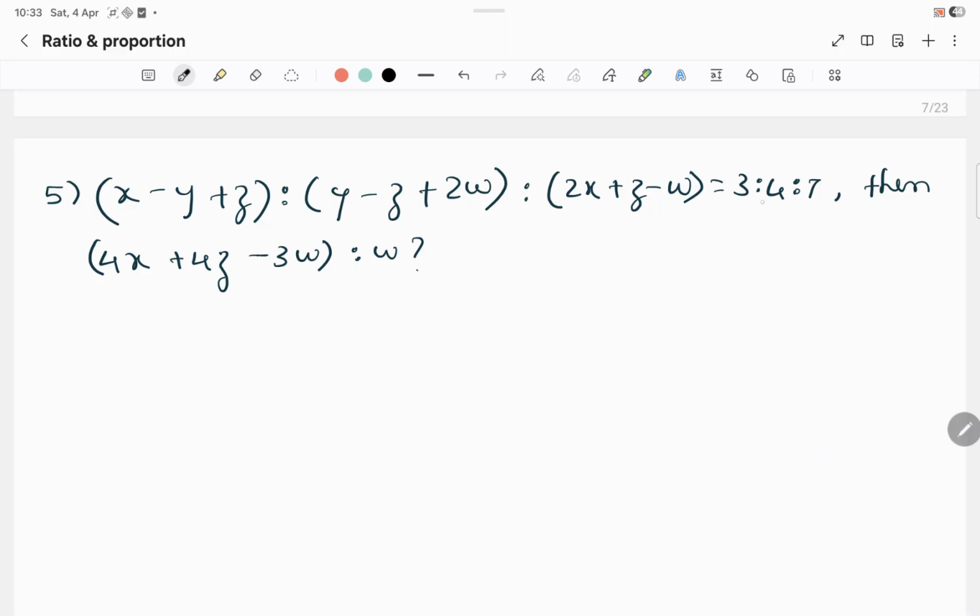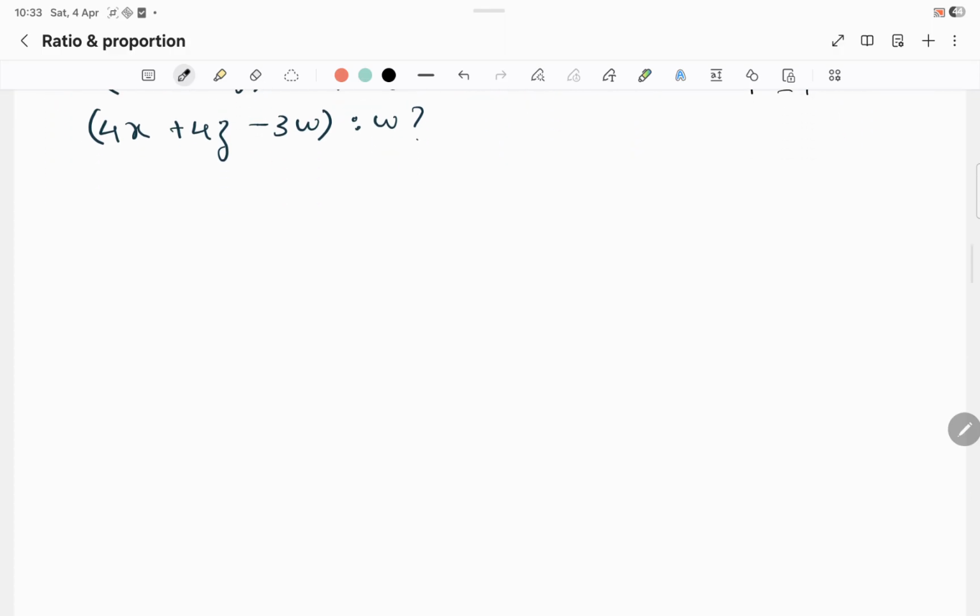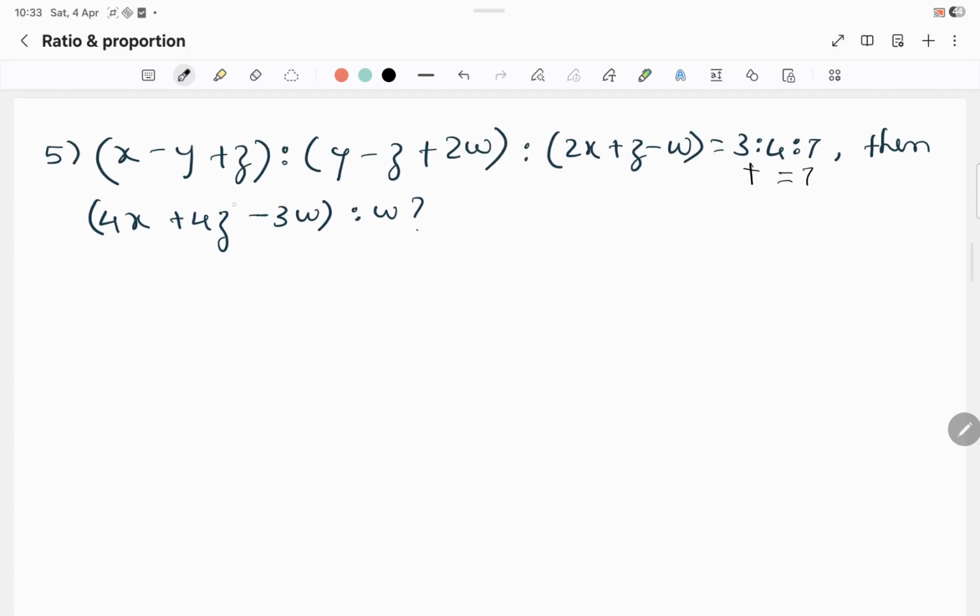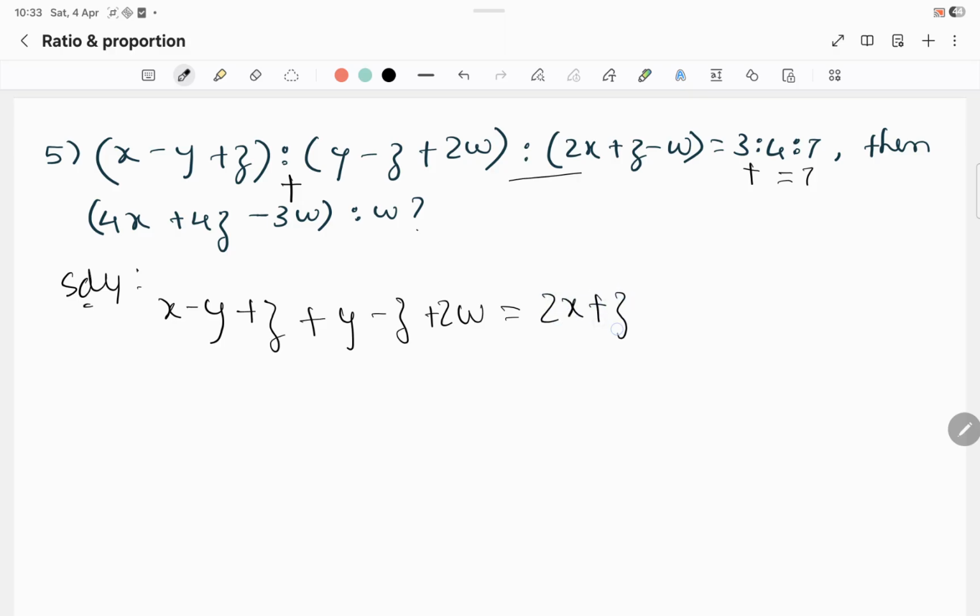If you observe these parts, 3 plus 4 is equal to 7, then it's easy question. So add these both, it should be equal to this one. x minus y plus z plus y minus z plus 2w is equal to 2x plus z minus w.